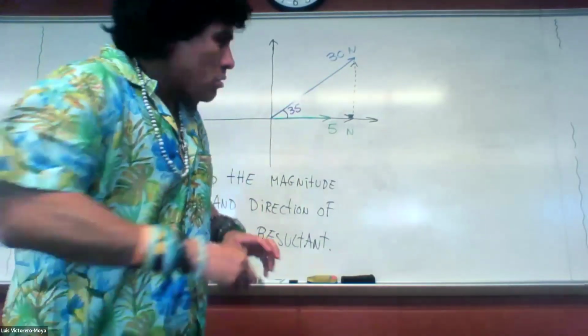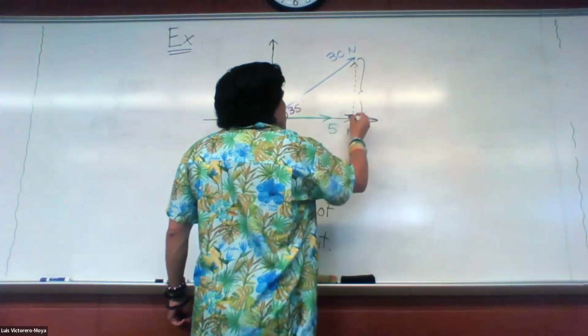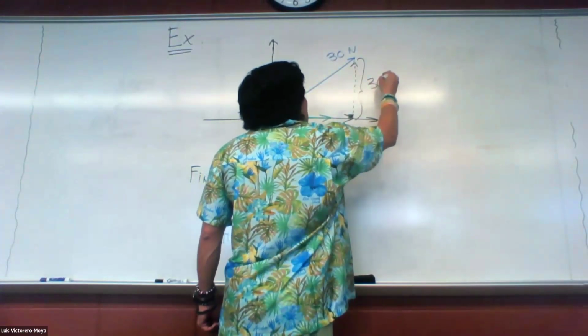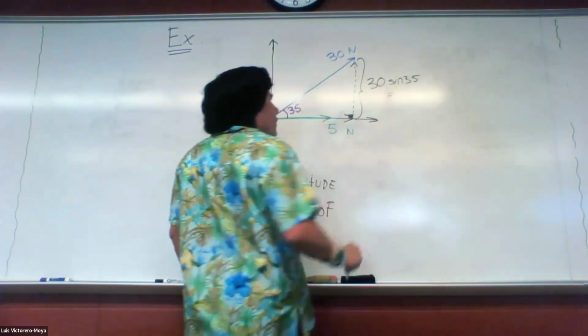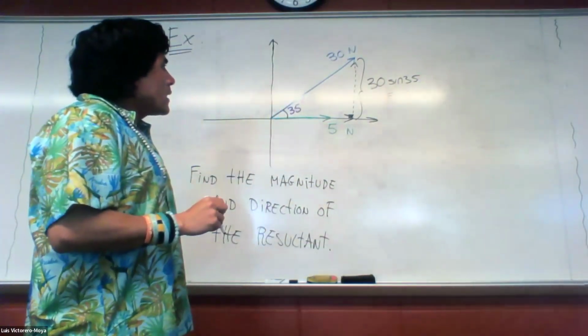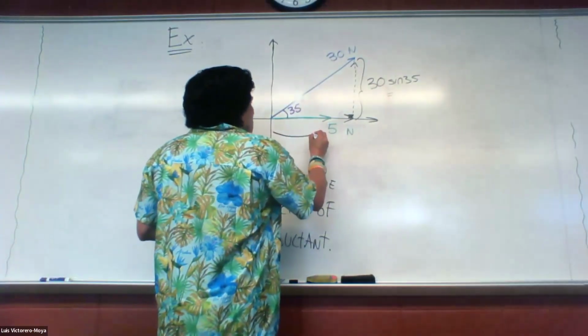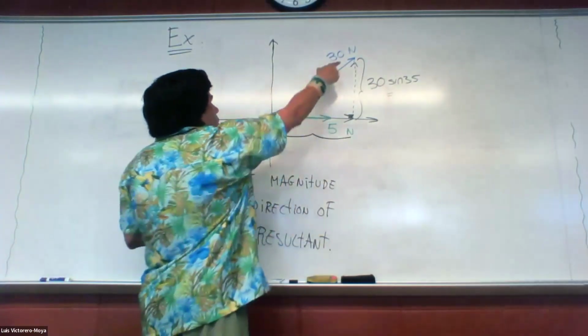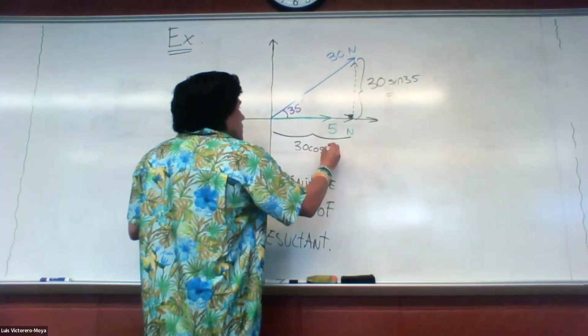So the y component is 30 sine 35. Some of you calculate the value of that using the calculator. And then the x component for the blue vector is 30 cosine 35.